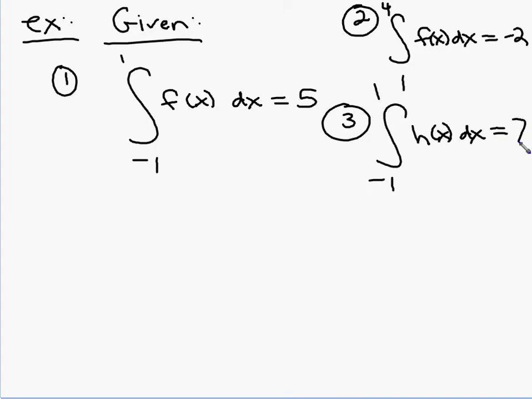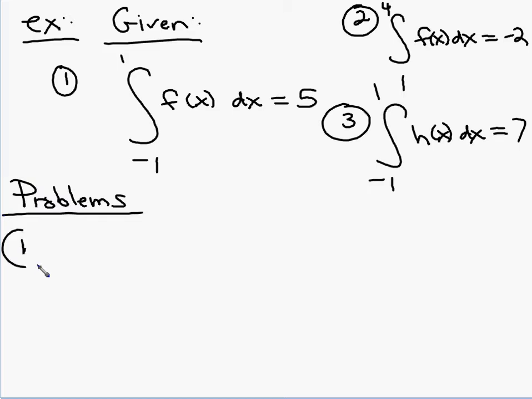Okay, so that's given information at the beginning of the problem. So now we actually do the problem. Okay, so here's the problem. Well, we'll say problems. We're going to do a few. They're going to ask you to do several problems from that given information.